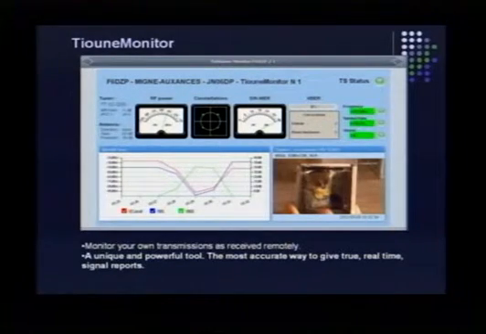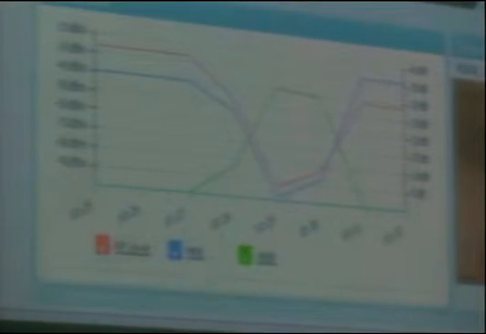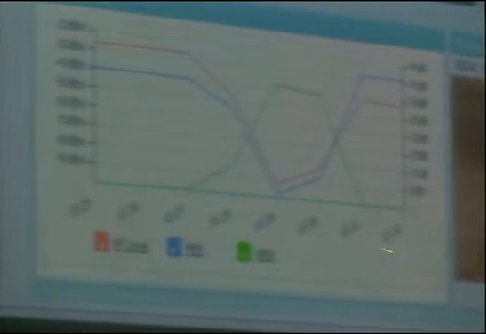Okay. And the last, you have here all information about the evolution of these three measures, RF level, for 2 hours. So if there is a difference in propagation, in modification of antenna, of anything, you can see it.